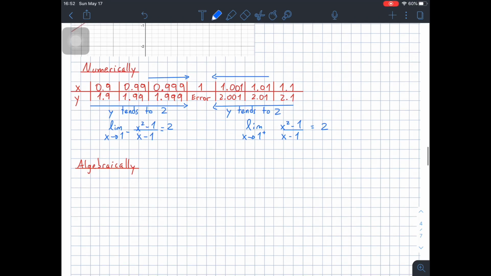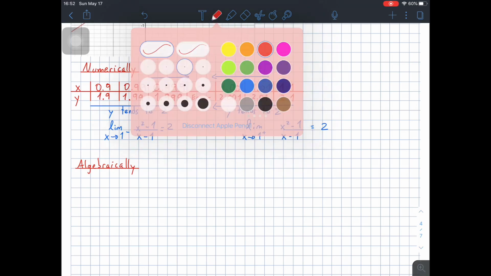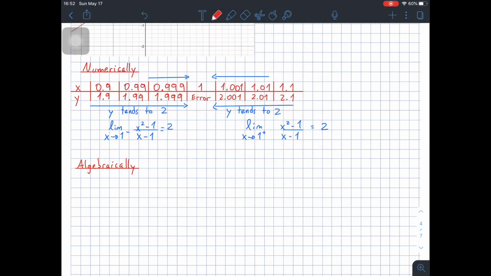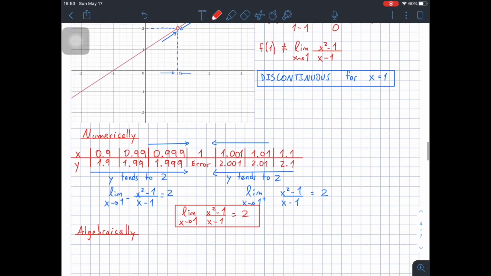So as both are the same, then we can conclude that the limit of the function x squared minus 1 over x minus 1 when x tends to 1 is equal to 2. Okay? There is no need to write this and this. I'm just showing you this for you to understand this better. So that's how we determine the limit numerically.